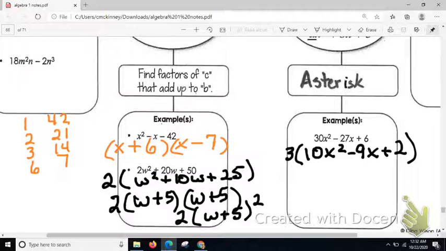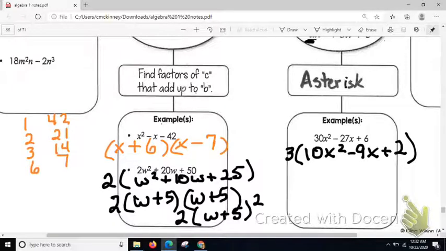And that's not a perfect square, and that's what we're going to learn how to deal with on Monday: how to deal with when there's a number in front of the x squared that we can't get rid of with GCF, and it's not a perfect square.